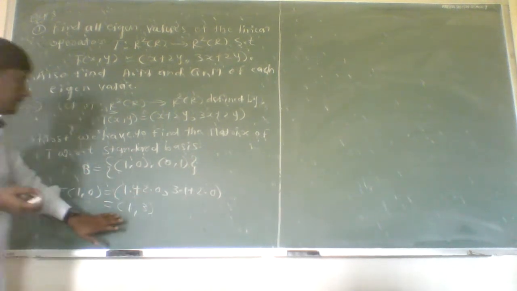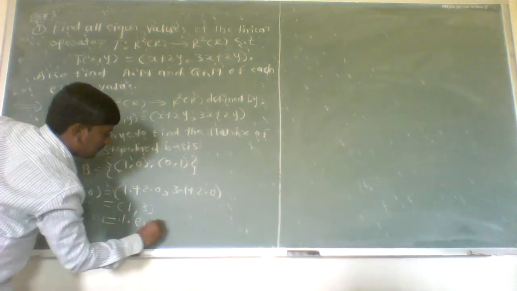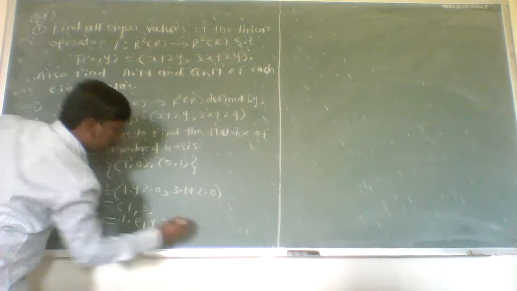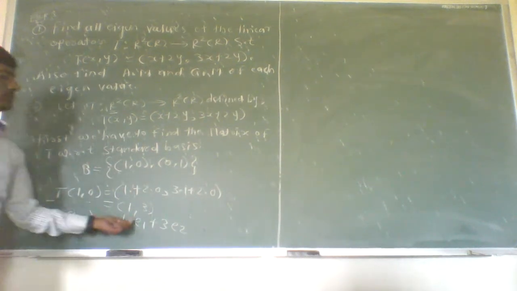So we can write this as 1 times E1 plus 3 times E2. So T of (1, 0) is nothing but 1 times E1 plus 3 times E2.